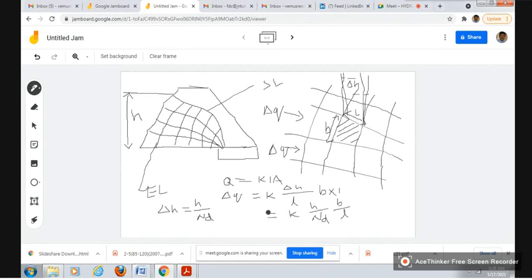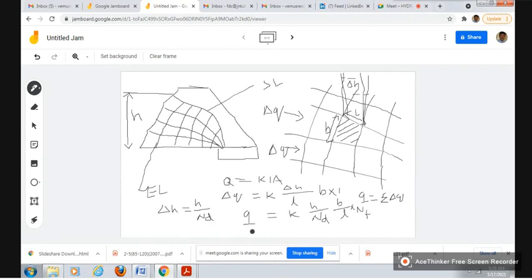The total discharge can be written as sigma delta Q, the sum of all: this delta Q plus this delta Q plus this delta Q. If NF is the number of flow channels, in our case 3, we just multiply 3 into delta Q. So the total discharge is equal to K into H by ND into B by L into NF.